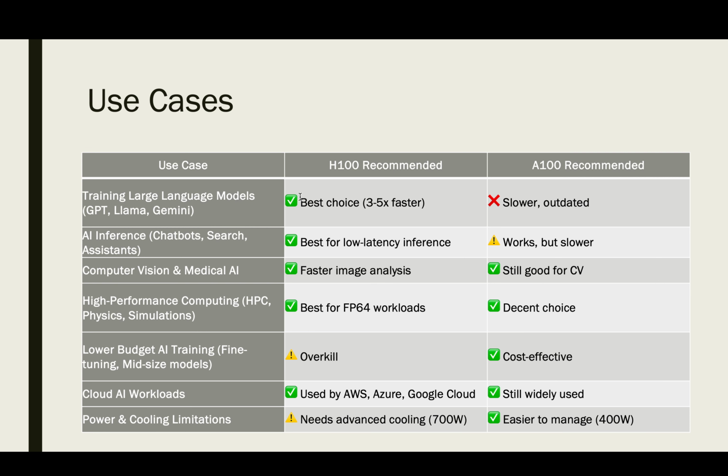FP8 support in H100 drastically improves inference speed without losing precision. The transformer engine in H100 accelerates LLMs, making it ideal for generative AI.